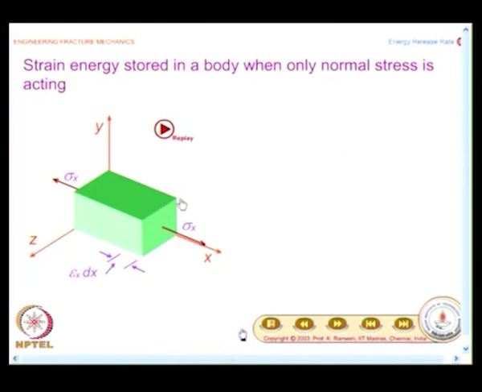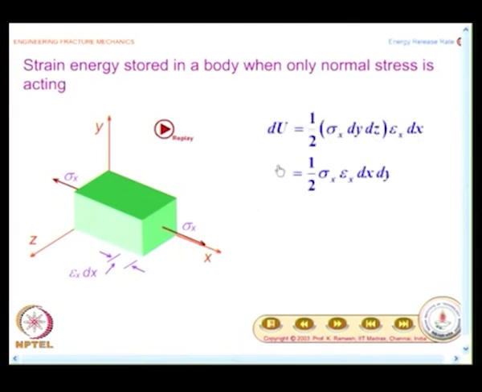So, what you have here is a small element, and you are having only normal stress. Because of that the element has elongated, and you can find out the force which is acting on it, you can find out the corresponding displacement, and it is fairly straightforward.